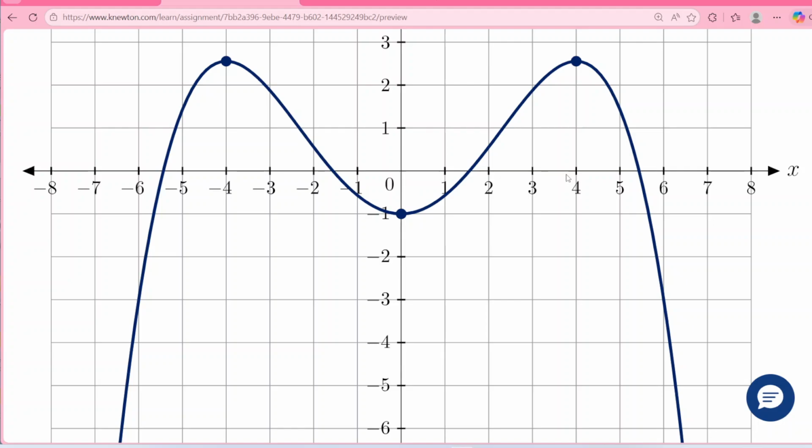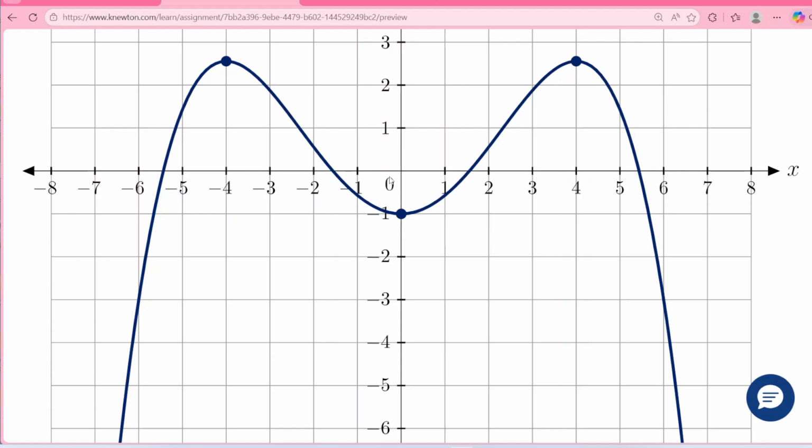Then from 0 to 4, this f prime output is increasing. So f will be concave up. And then from 4 onward, right, from 4 to infinity, f prime here is decreasing. So great. That means f will be concave down. So again, wherever f prime is going down, that's where your function will be concave down.